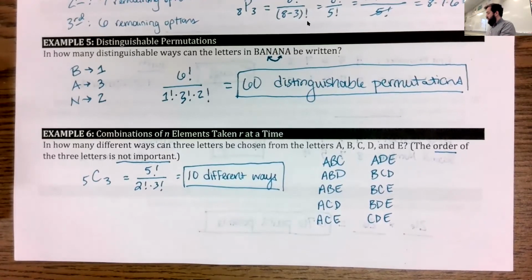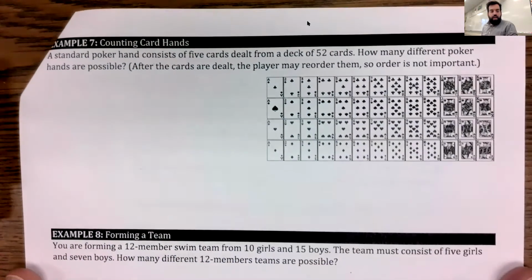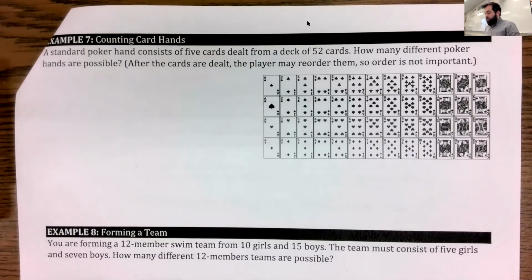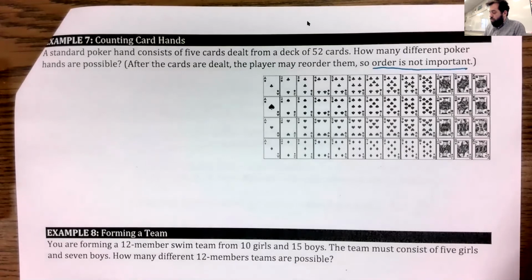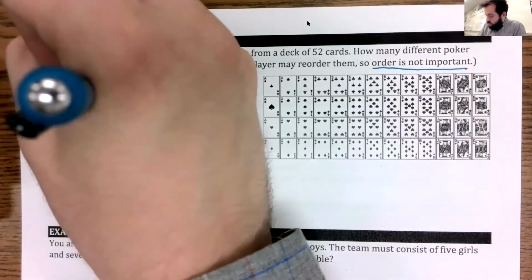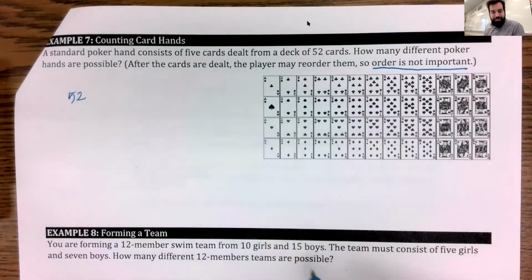All right, let's check out example 7. A standard poker hand consists of 5 cards dealt from a deck of 52 cards. How many different poker hands are possible? After the cards are dealt, the player may reorder them, so order is not important. So there are 52 cards in a deck of cards. Here they are.